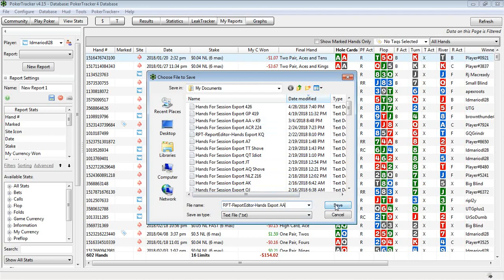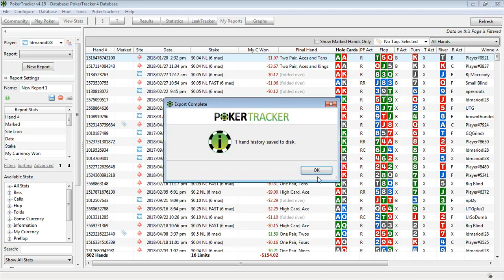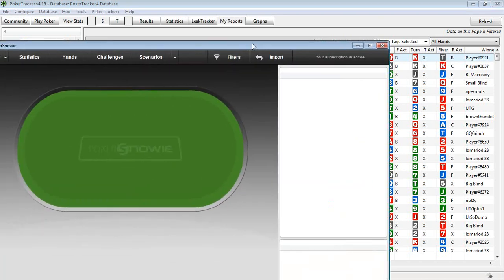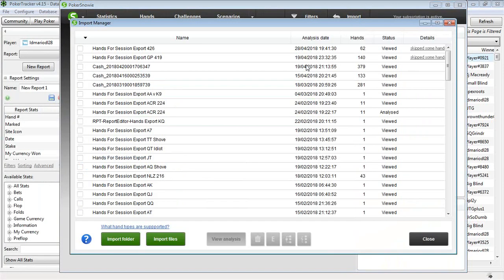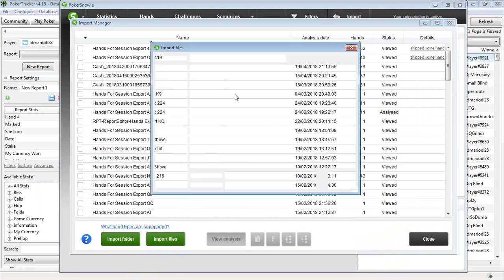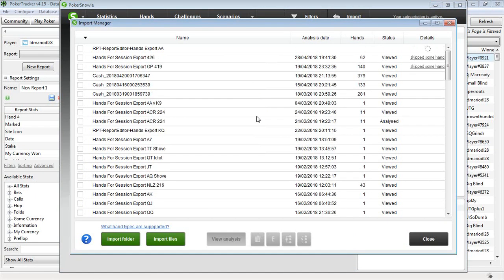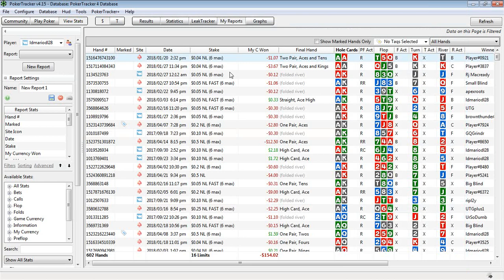Let me throw up Snowy here. And it failed. Yeah, sometimes it just does not work for me. That's why it's annoying.